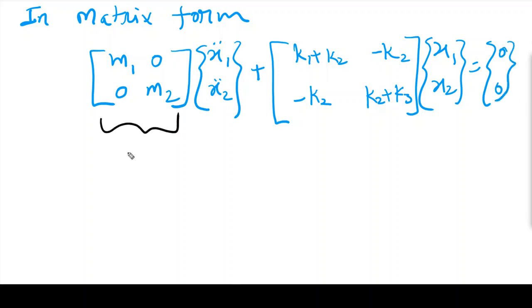This matrix we call mass matrix, and this matrix is called stiffness matrix.